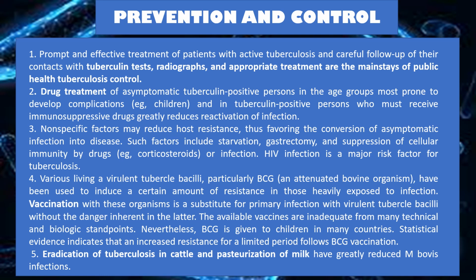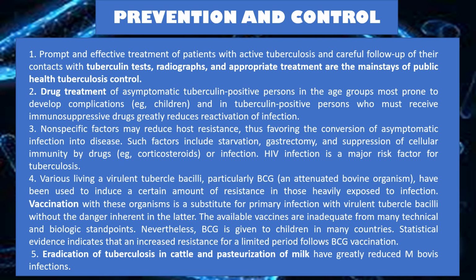And then avirulent tubercle bacilli, particularly BCG, an attenuated bovine organism, have been used to induce a certain amount of resistance in those heavily exposed to infection. Vaccination with this organism is a substitute for primary infection with virulent tubercle bacilli without the danger inherent in the latter.